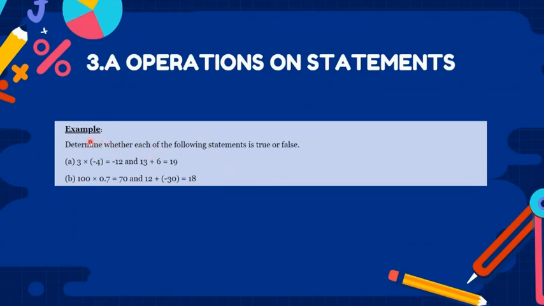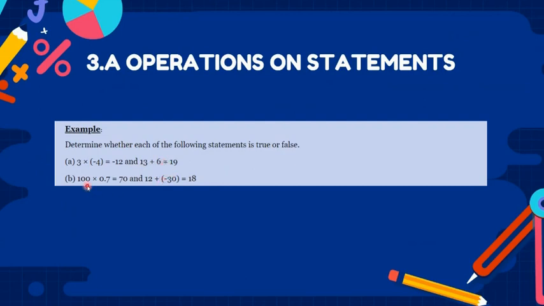So the question is, determine whether each of the following statements is true or false. For A: 3 multiplied by -4 equals -12, and 13 plus 6 equals 19.